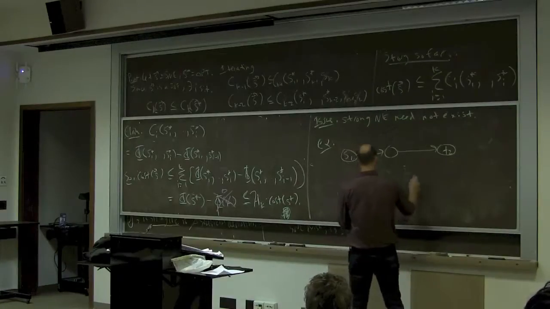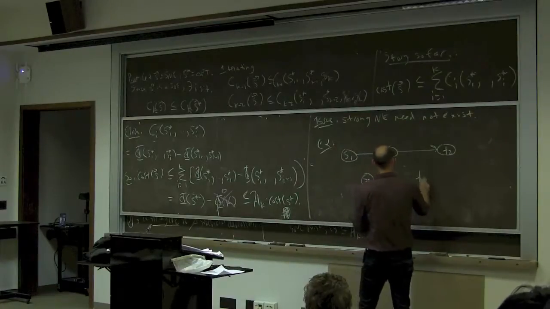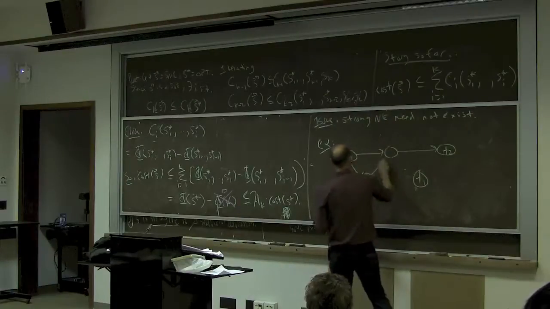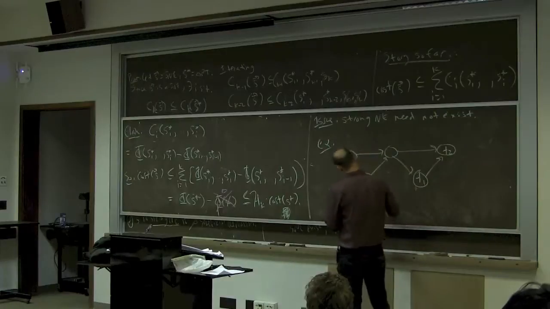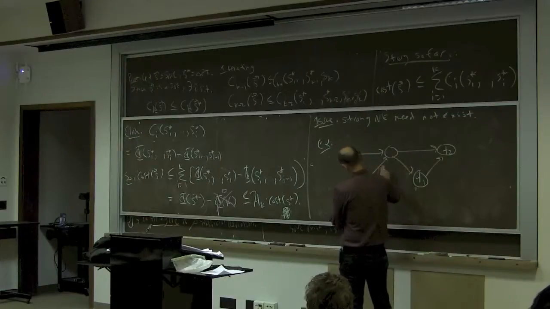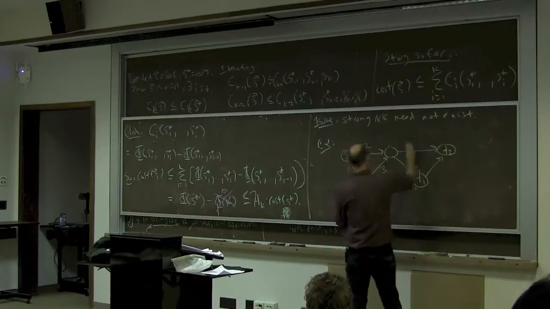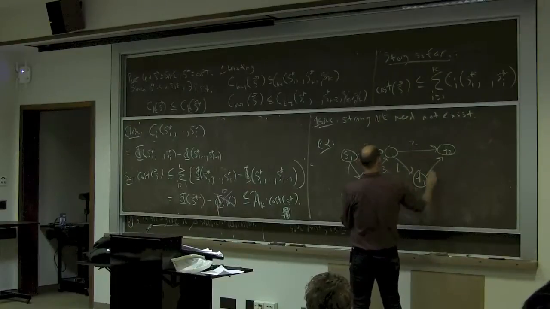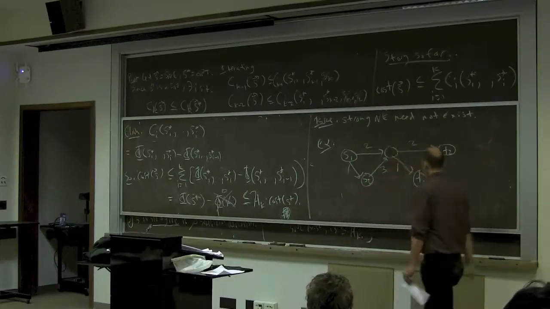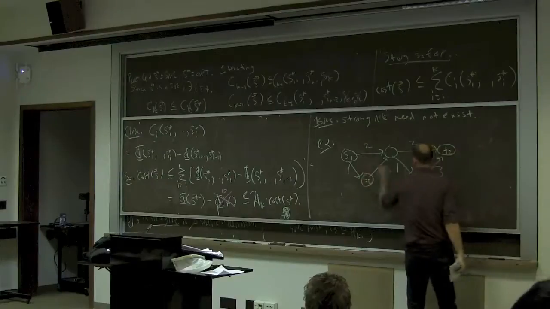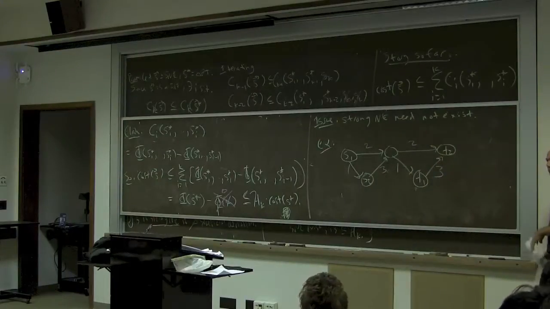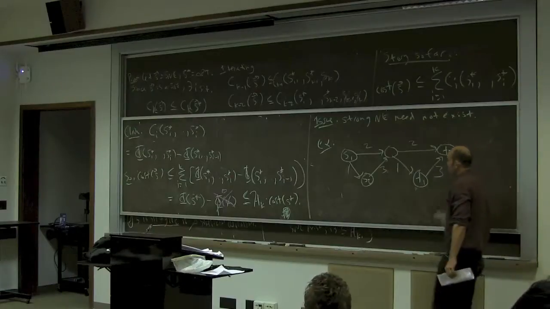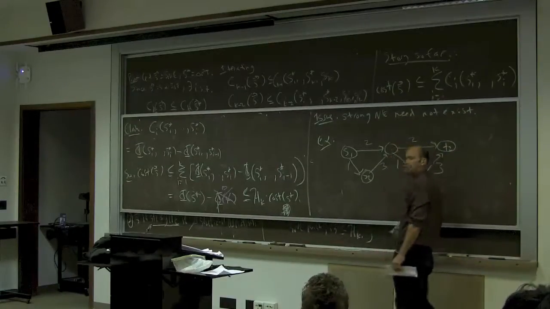So you only need 2 players to show this. Okay, so we have S1, T1, S2, and T2, and the costs are as shown. So the claim is even this network does not have any strong Nash equilibria.